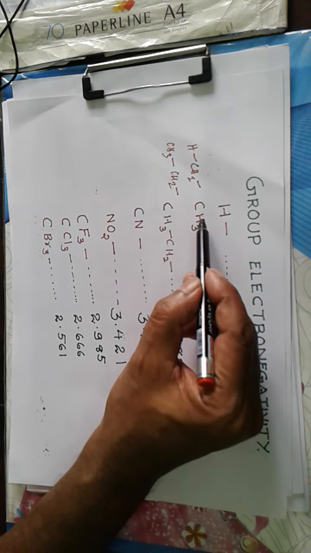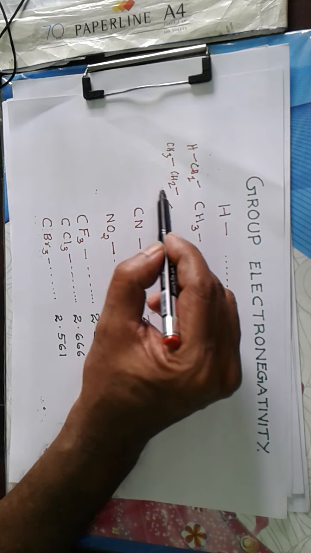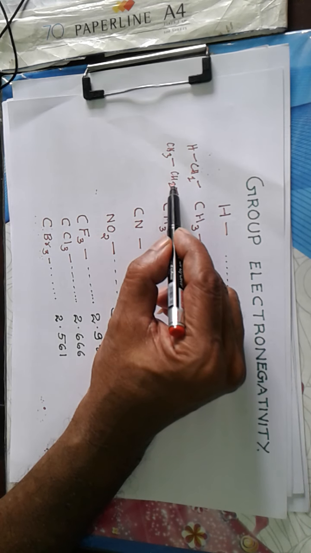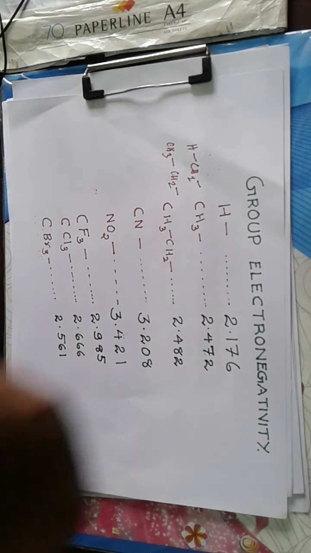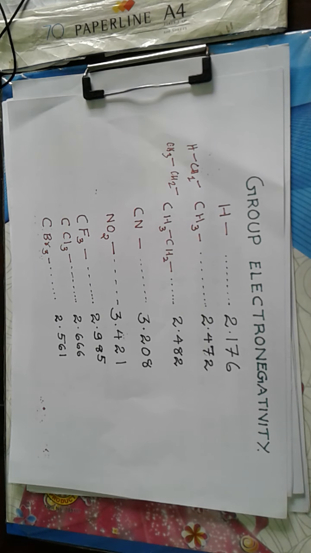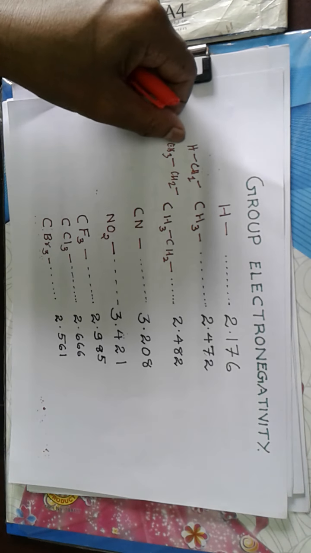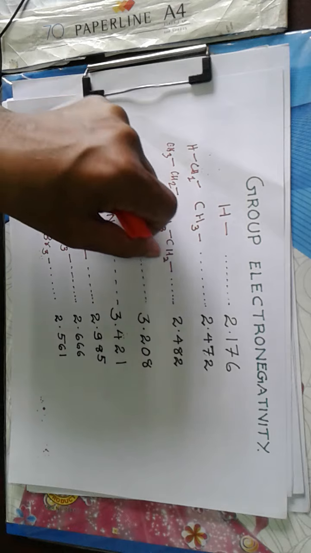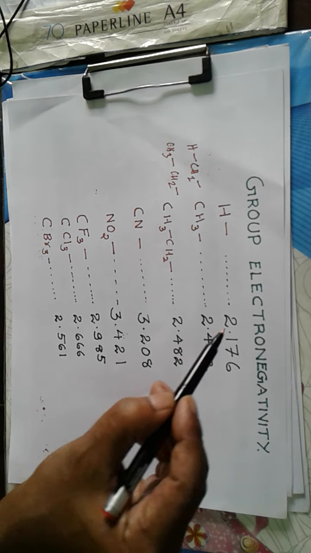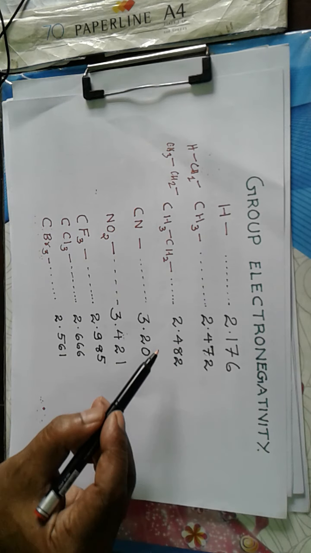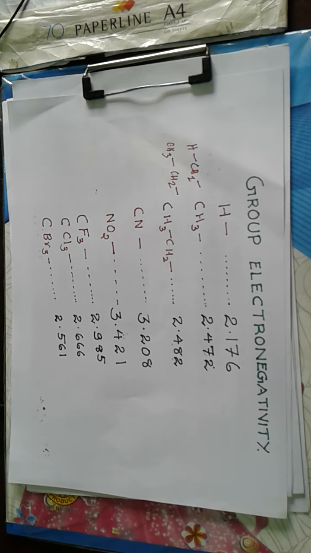Now in the methyl group, the CH2 group is directly bonded to a less electronegative atom, whereas in the ethyl group the CH2 group is directly connected to a more electronegative carbon, so due to this higher electronegativity of carbon over hydrogen, we can say the CH3CH2 group is more electron demanding. So its group electronegativity is found to be 2.482, which is greater than 2.472.